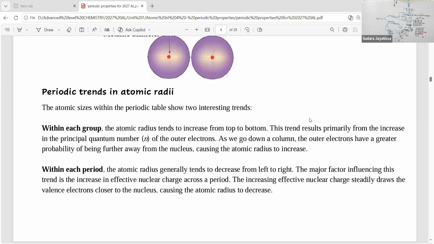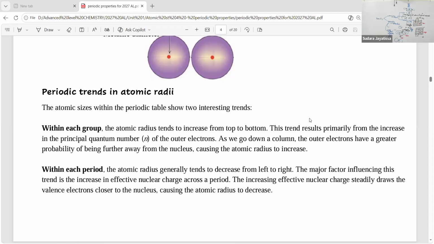So that explains why down the group the radius increases. Is it convincing for you? The number of energy levels, okay? Can you understand it? Now go to the next part.